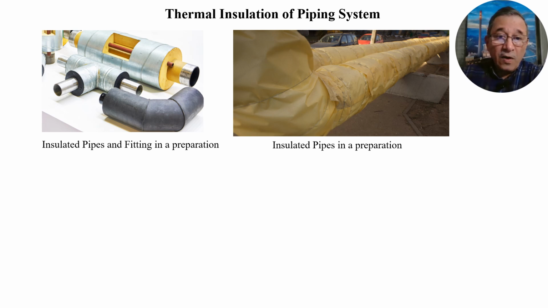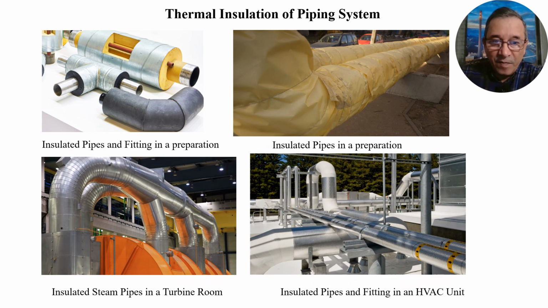For example, here is how the insulation material could be prepared. For the first one on the left hand side, we have fittings and pipes. On the right hand side, we have another photo for these insulation materials to reduce heat losses or heat gain.